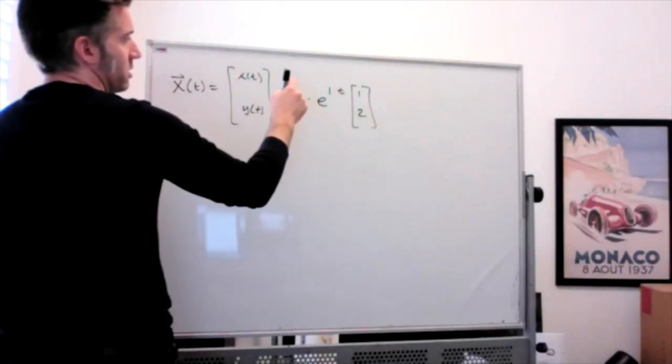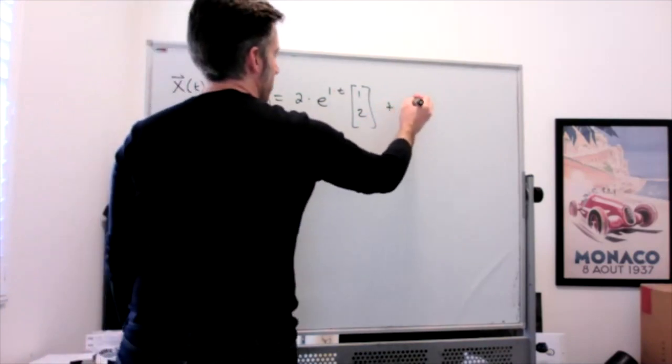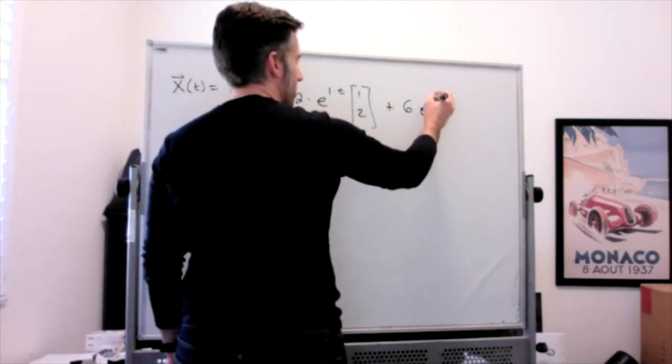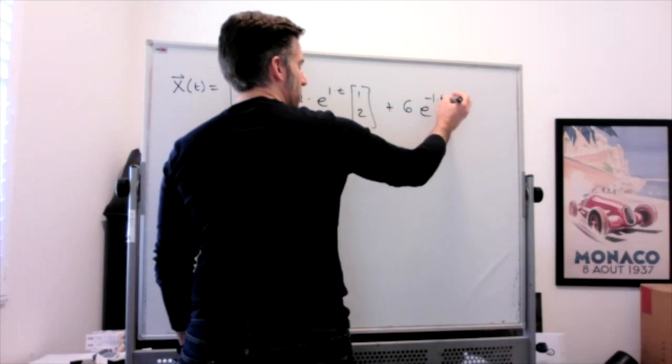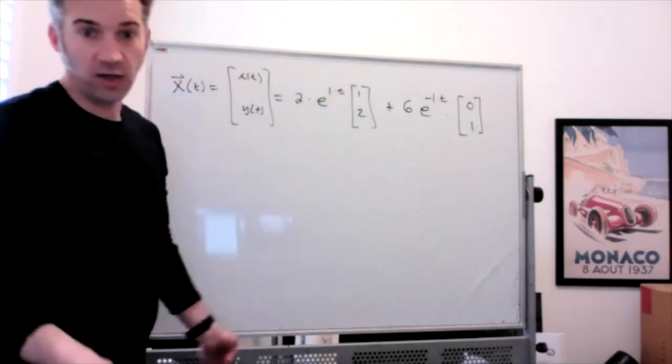Right? c1 e to the lambda 1 t times v1 plus c2 e to the lambda 2 t times v2. That is how you write your solution.